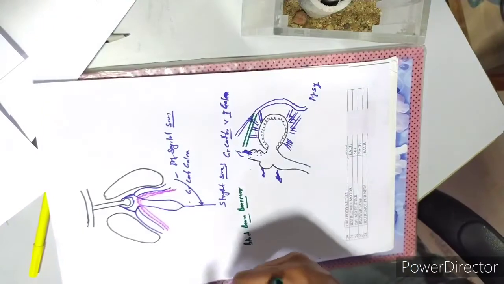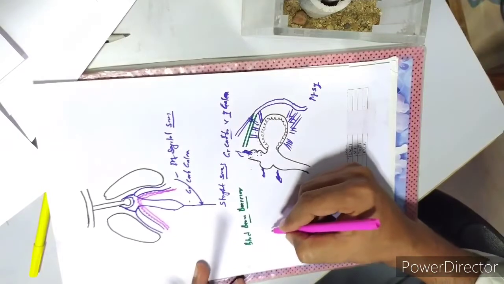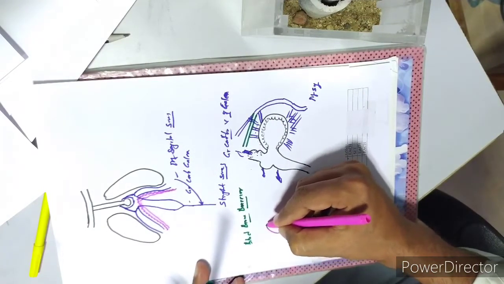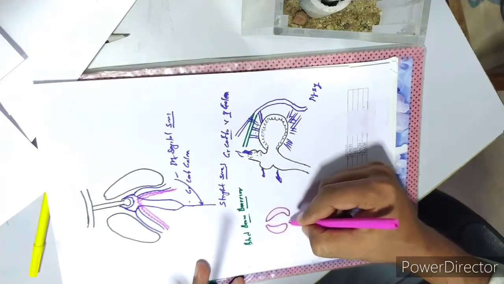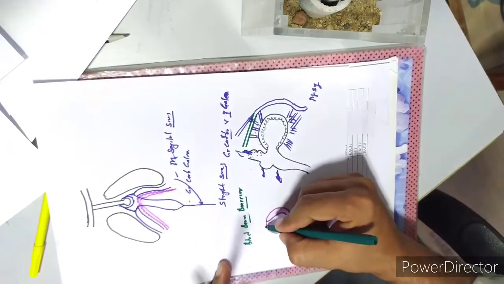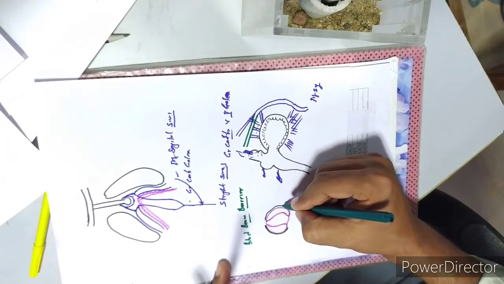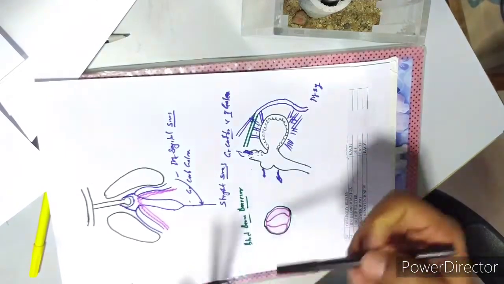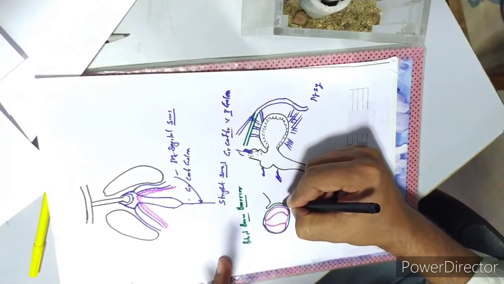Now, what is the structure of the blood-brain barrier? It has three structures. Suppose this is the capillary endothelium. This is the basement membrane of the capillary endothelium, and outside, the foot processes of the astrocytes.